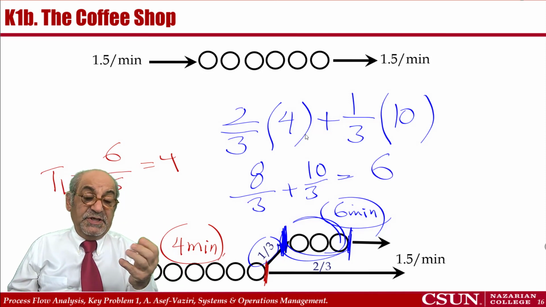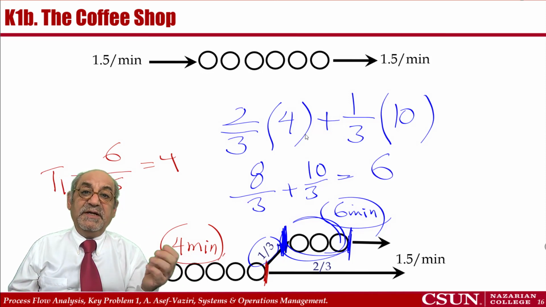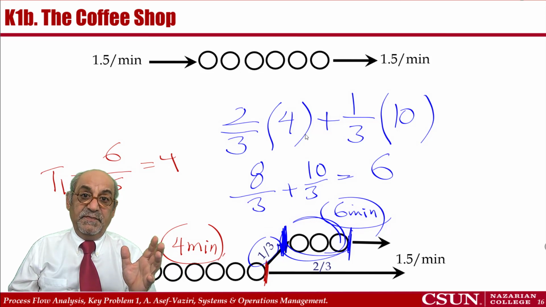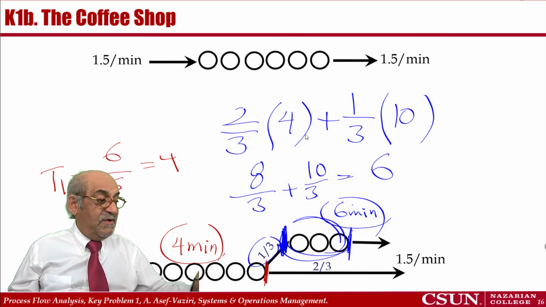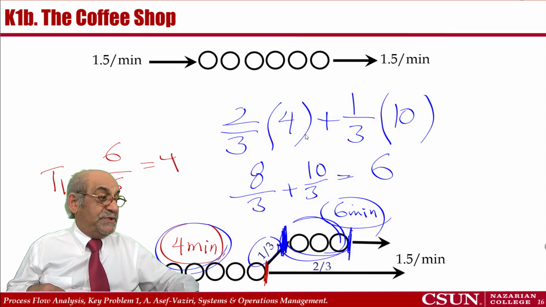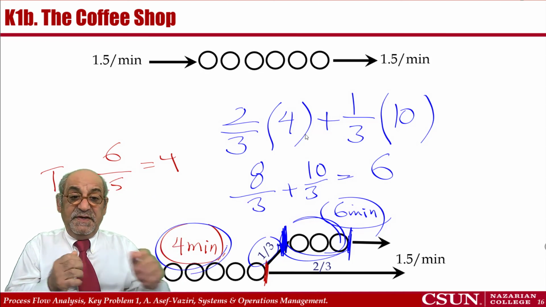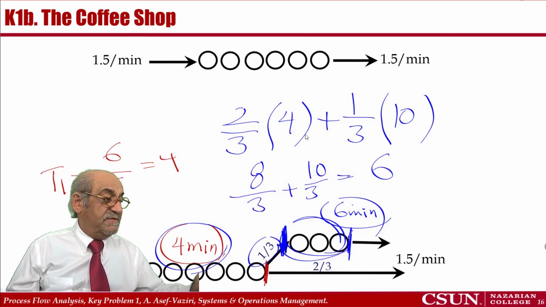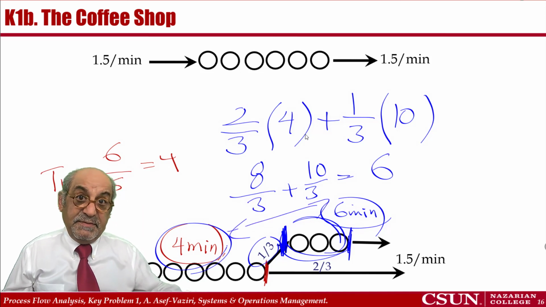So on average, a prototype customer will be there for 6 minutes. Those people who get black coffee and leave will be there for 4 minutes. Those who get exotic coffee will be there 6 plus 4 minutes, which is 10 minutes.